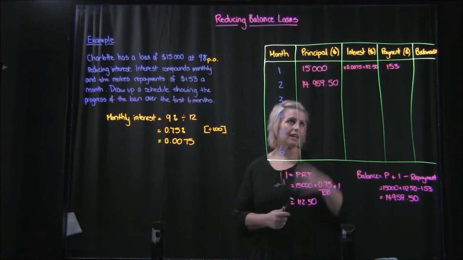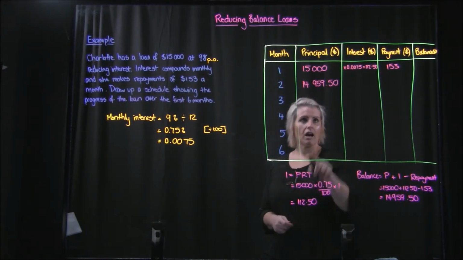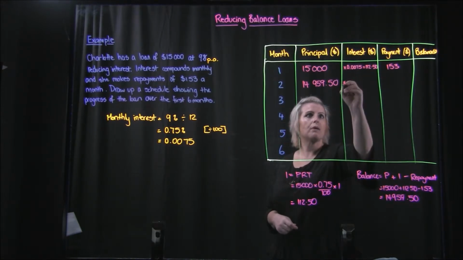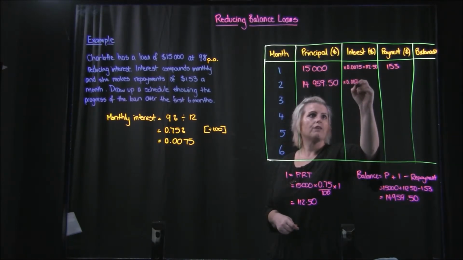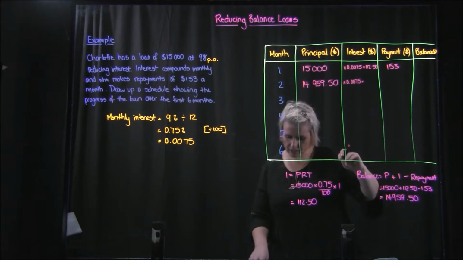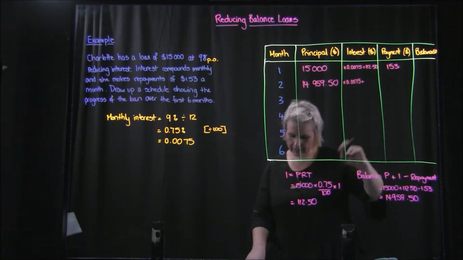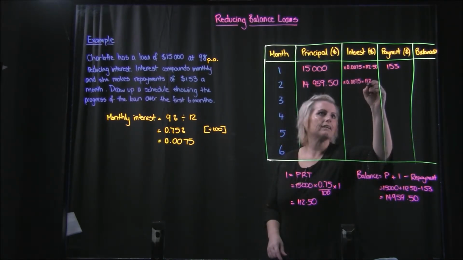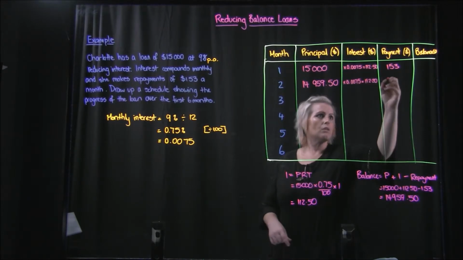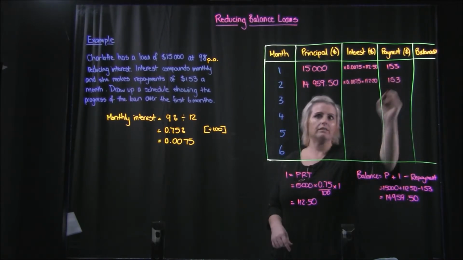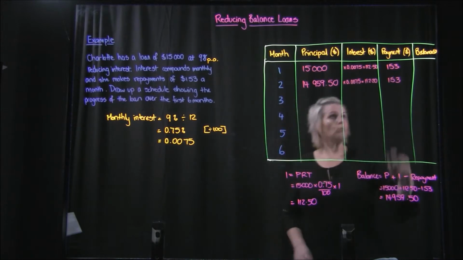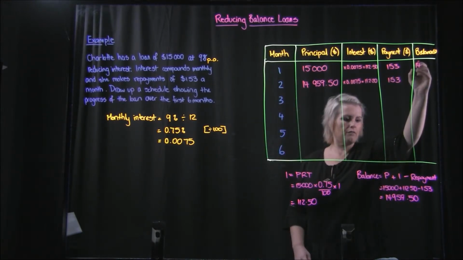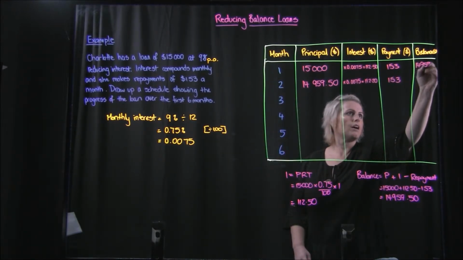Okay, so the next ones, we just follow the same process. We're going to multiply by 0.075. And this time, we get $112.20. We still make our payment of $153. Oh, sorry, I didn't write my balance up here, did I? $14,959.50.